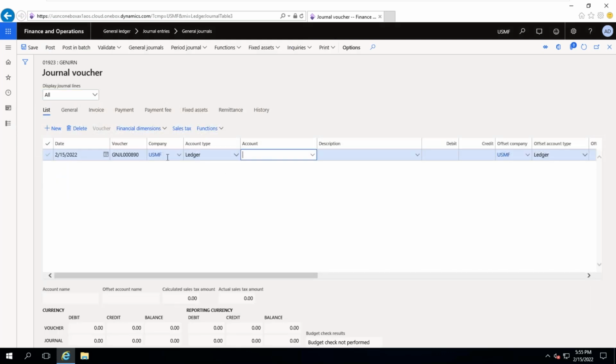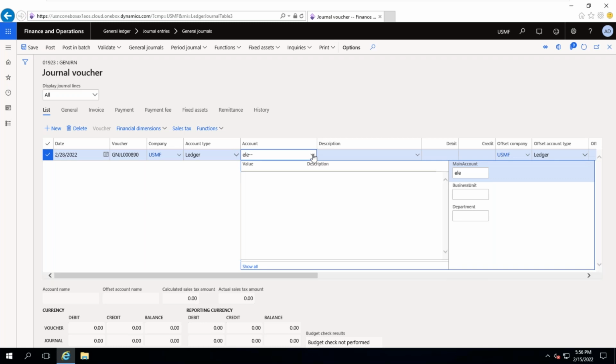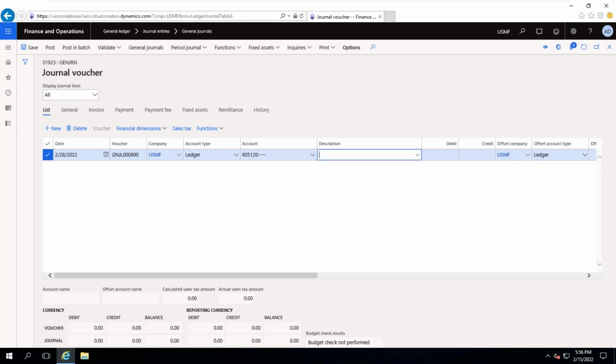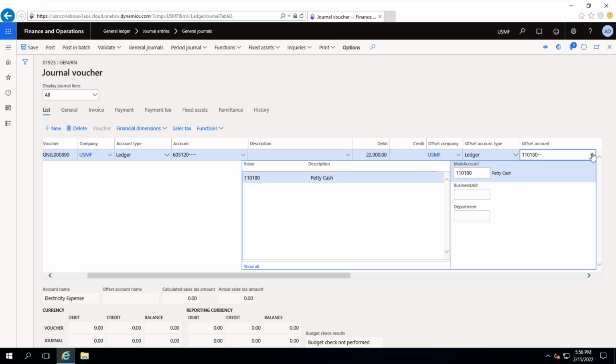Suppose electricity expenses at month end, I am posting on 28th Feb electricity expenses. Suppose I don't know, it is a rough figure only, 22,000 amount. It is not the exact amount. I'm not paying through cash now.